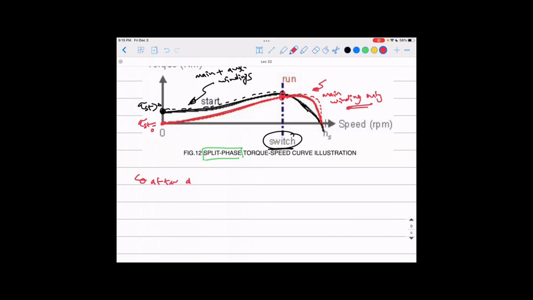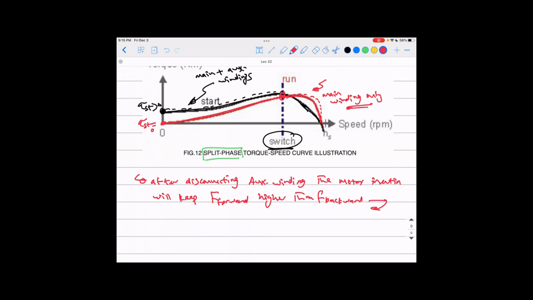After disconnecting the auxiliary winding, the motor inertia will keep F forward higher than F backward, and that's why the motor keeps rotating.